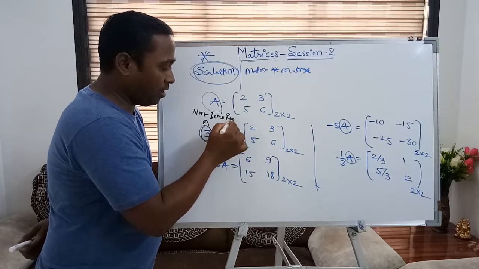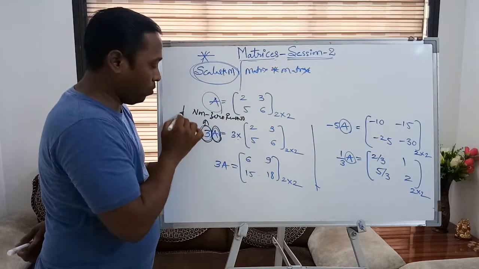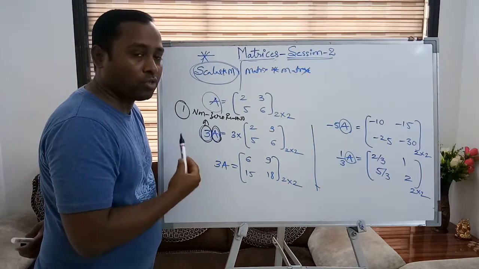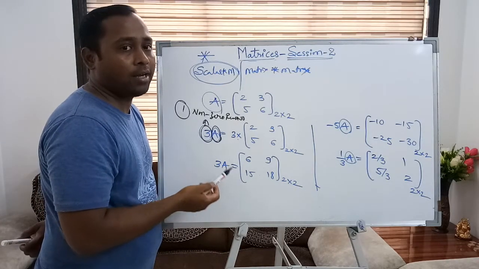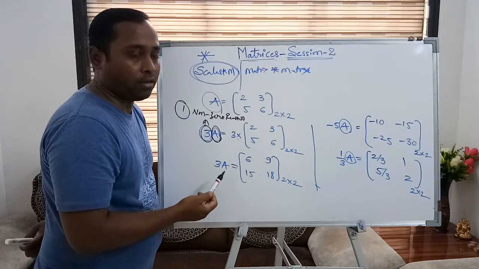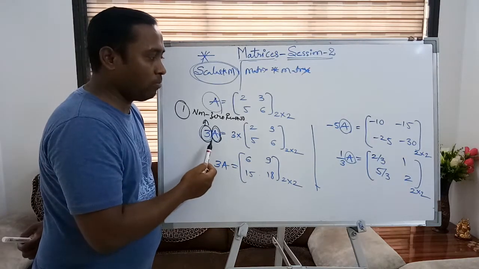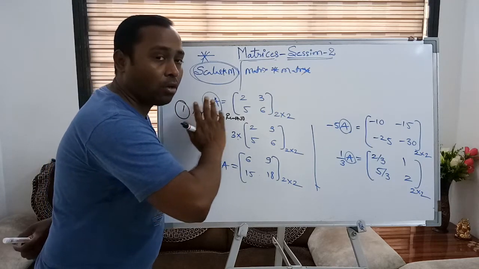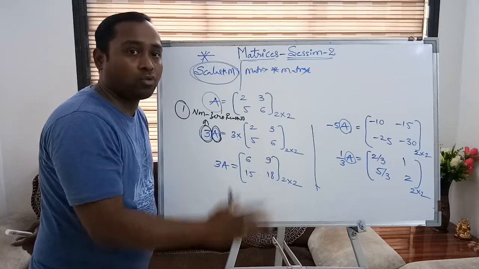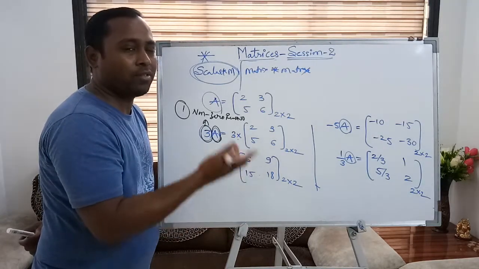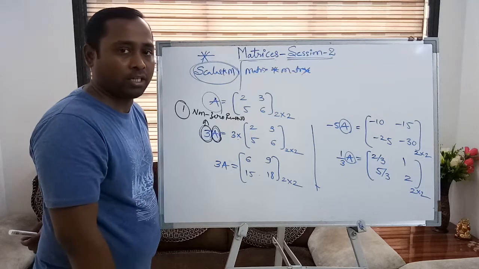Non-zero real number is the most important point. आप किसी मैट्रिक्स को जीरो से मल्टीप्लाई करते हो, it's again a meaningless operation. If you multiply by 0, all the entries of the matrix vanish. There is no data, no information. So what is the purpose of doing the operation here?